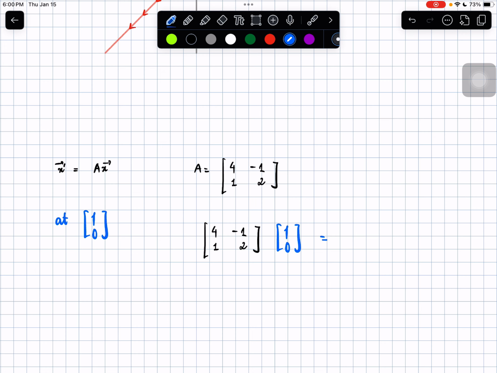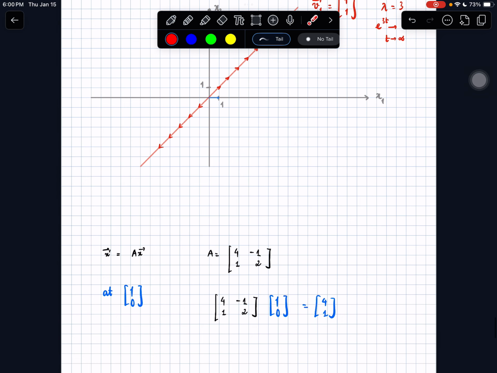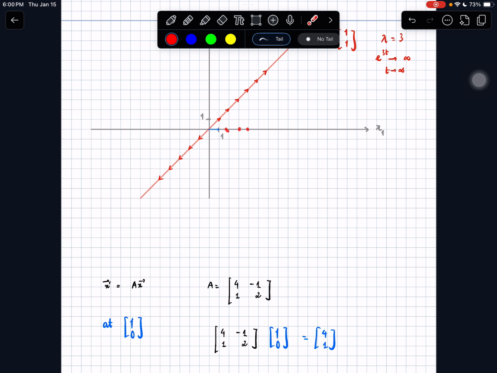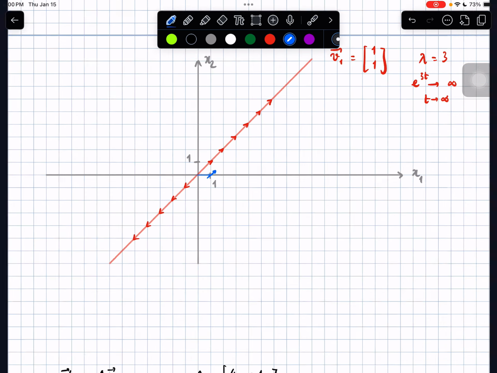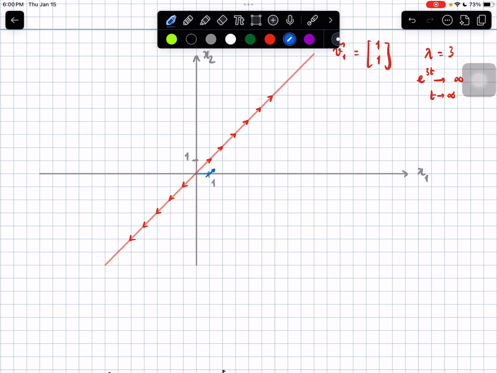This one gives us (4, 1). Vector (4, 1) is, 1, 2, 3, 4 and 1, so it looks like that. So at this point, it looks like the direction of (4, 1). Right? So what we see is, as we said before, when t is negative it is somewhere there in this corner, its curve goes upward, and then when t is big enough, it will be parallel to this line.